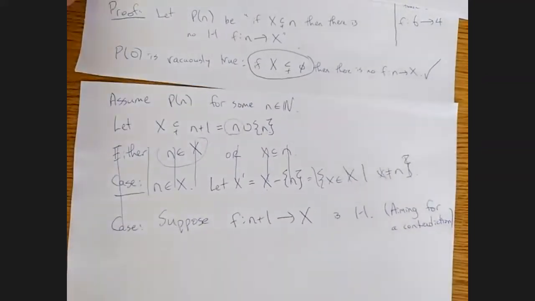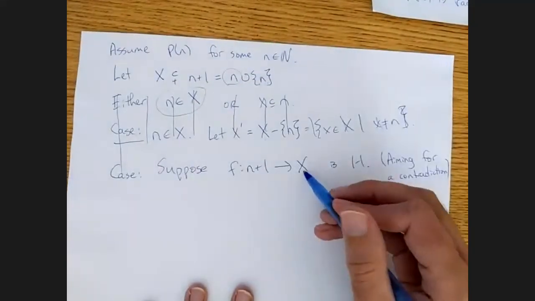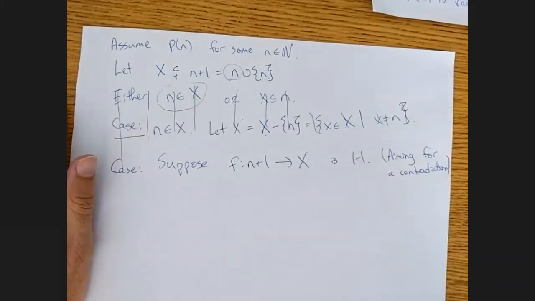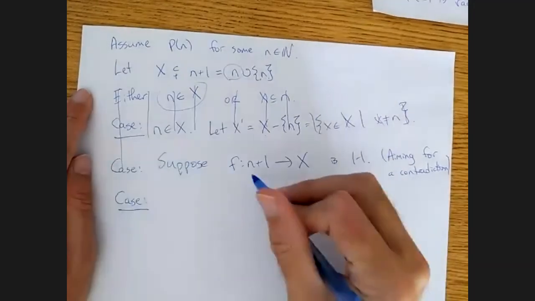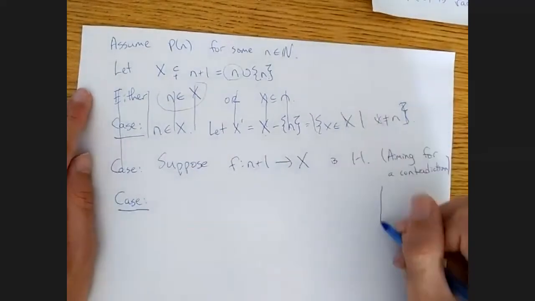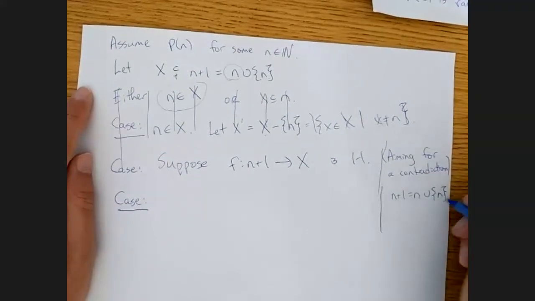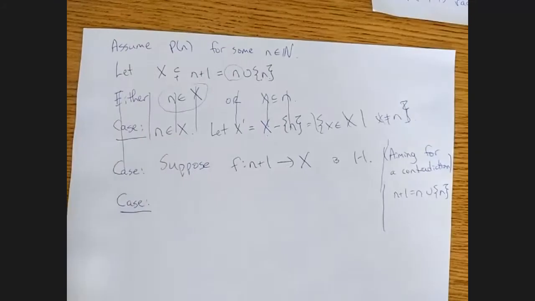Okay. And again, x is a proper subset of n plus 1. So just as an aside, n plus 1 is n union the singleton of n.